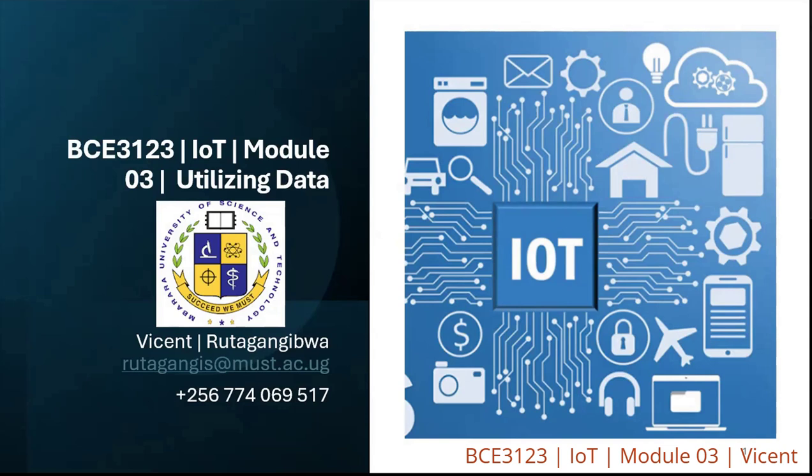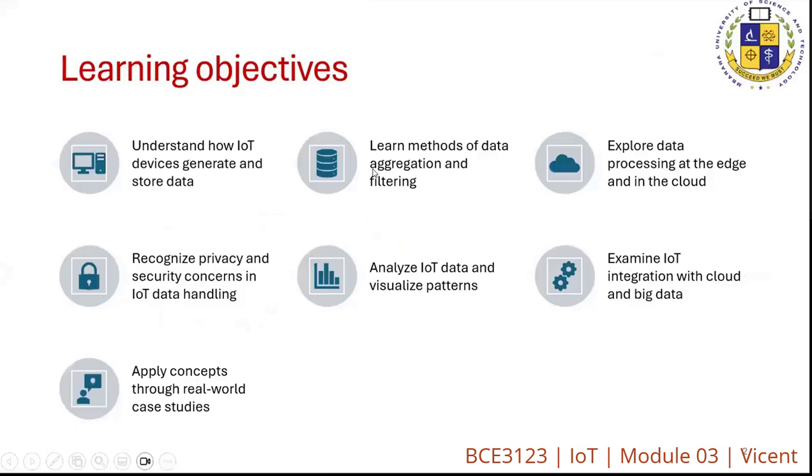Okay, so you have to see how to apply some of these concepts in your own situation as an electrical engineer. Okay, so our learning objectives today, by the end of this lecture, you should be able to first explain how an IoT device collects and stores data. Okay. 2, you should be able to understand data aggregation, okay, and why it reduces redundancy.